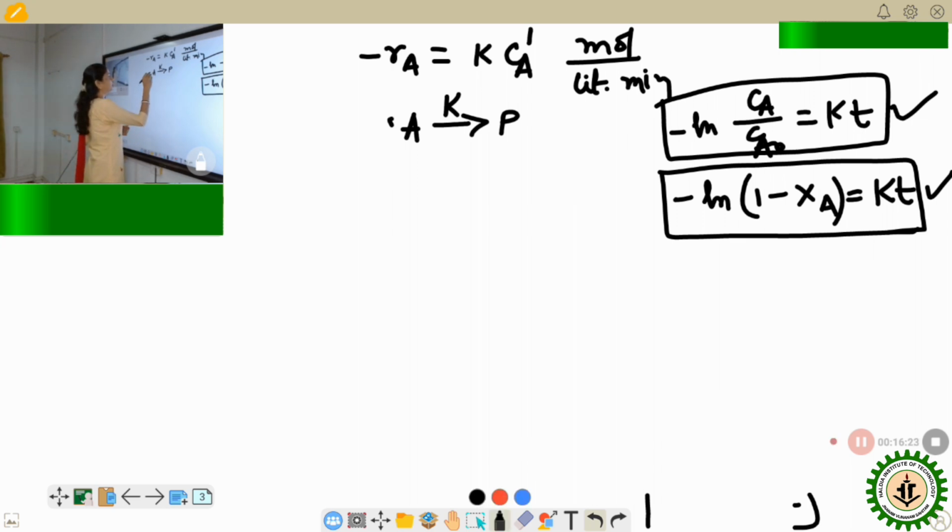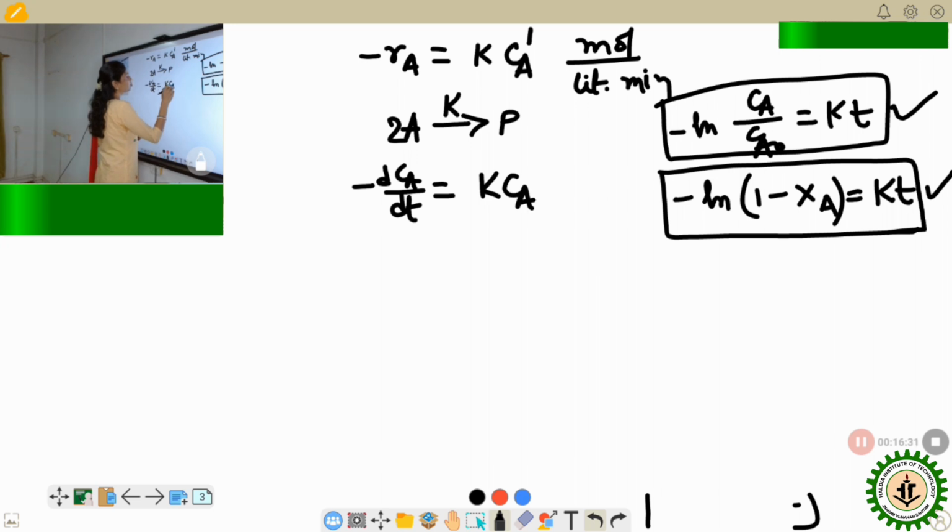So here I can write like this: minus dCa dt equals K Ca square.